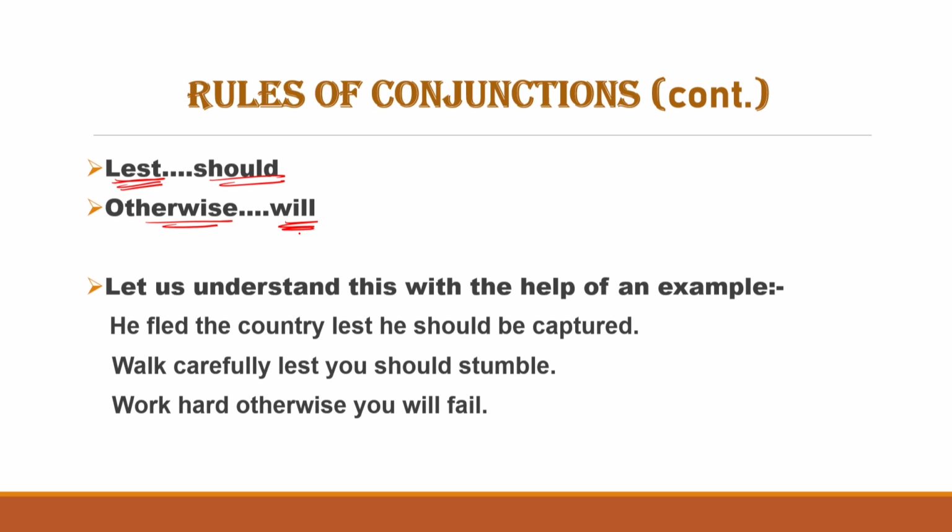So basically, in order to prevent, in order to avoid, so as to prevent any possibilities that lest is used. So lest is always used with should. It is basically used to show warning. Similarly, otherwise is also used to show warning. It is used with will.